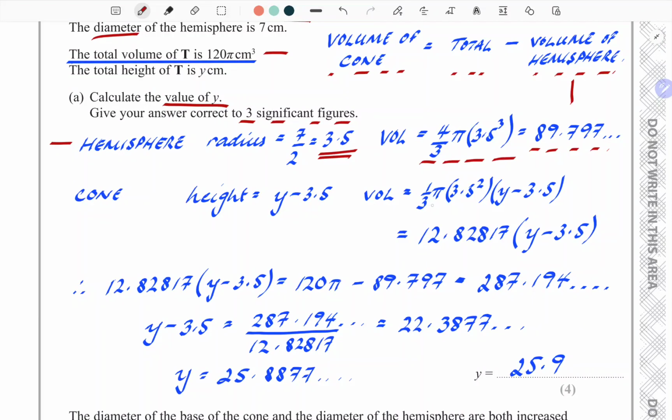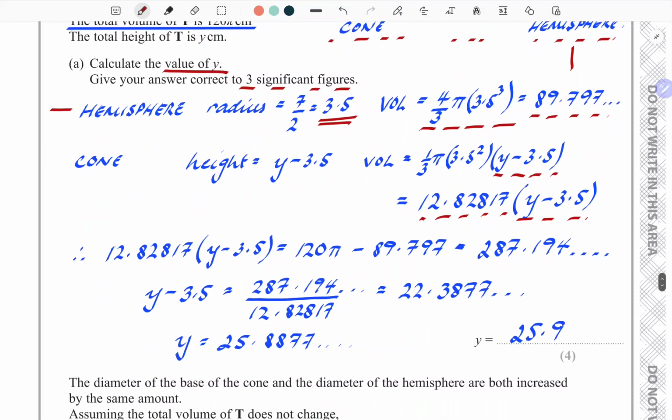The volume, therefore, looks a little bit daunting, but don't be put off. 1/3 pi times 3.5 squared times the height of the cone itself, which is y minus 3.5. What I've done is calculated the numbers on the outside of that bracket, leaving the brackets alone. So it's 12.82817. That's all that was on the calculator.